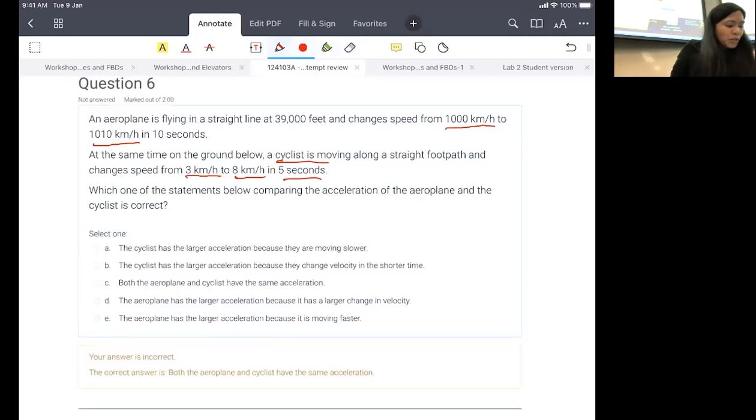If you look at the choices here, it's all talking about the acceleration, right? So you have to figure out the acceleration of the airplane because it changed speed, and compare that to the acceleration of the cyclist. We know acceleration is change in velocity over change in time.